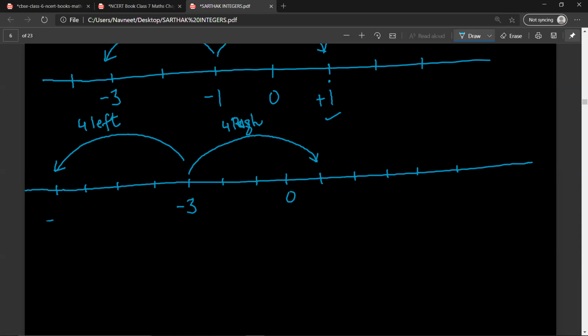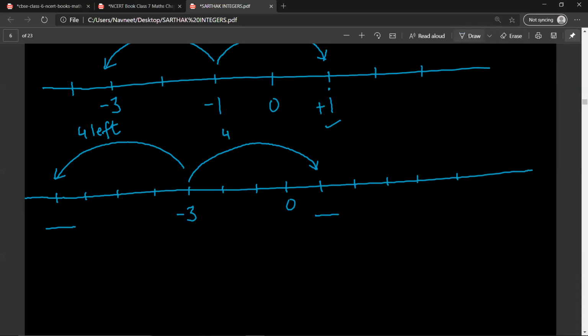What will be this number and what will be this number? +1. And this would be -7. -3, -4, -5, -6, -7.